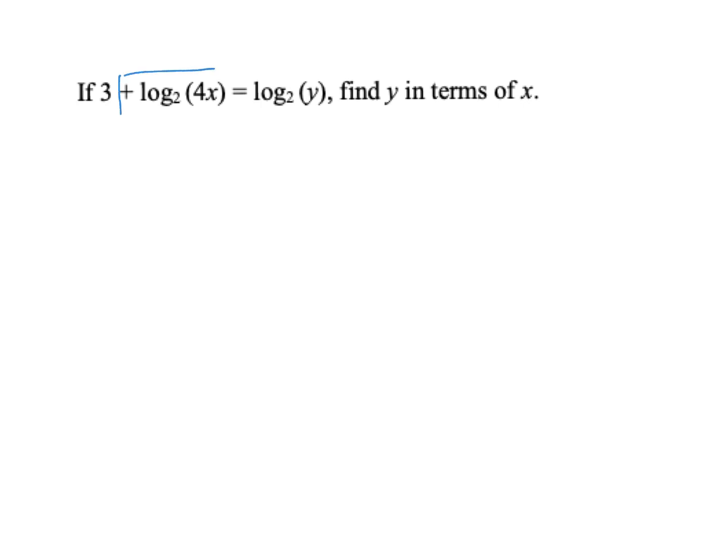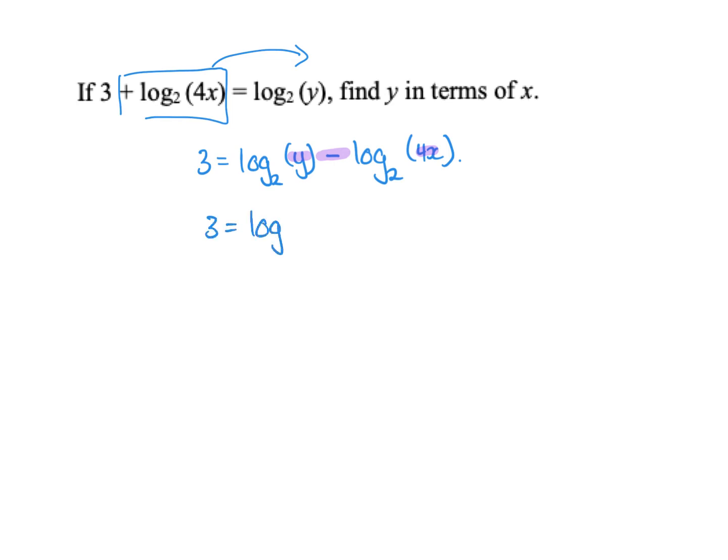So I'm going to move this over the equal sign, I'm moving that whole term over, and it'll become minus. I can see, because I've got a log rule for if you minus, remember we divide these numbers. I haven't touched the 3, I've left that there, but I'm going to have log 2y divided by 4x.